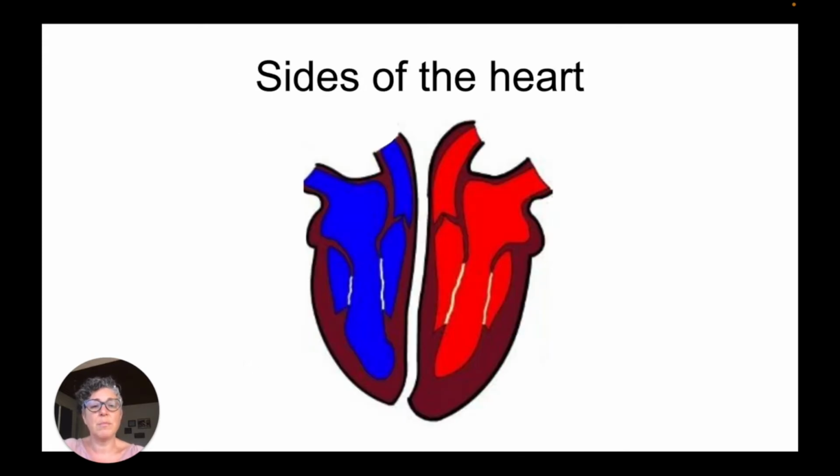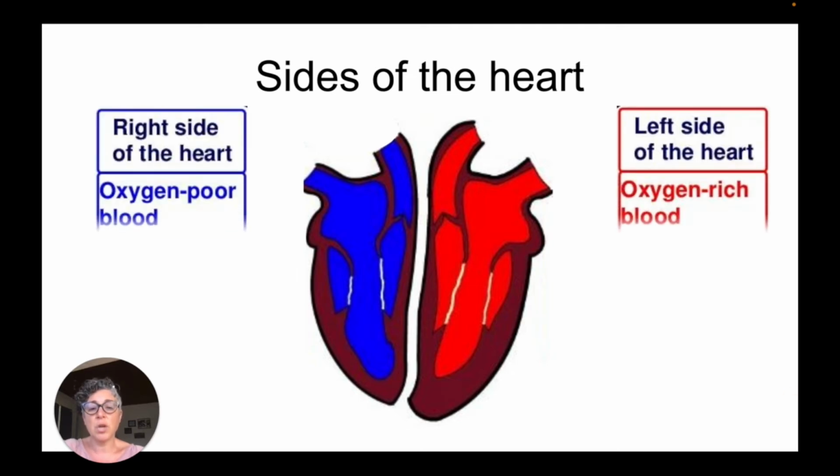So let's just talk about the sides of the heart, because this is going to be important when you are looking at diagrams and when you're looking at the heart. So even though on the piece of paper or in the image, the left side of the page or the left side of the video has deoxygenated blood, it is in fact the right side of the heart.